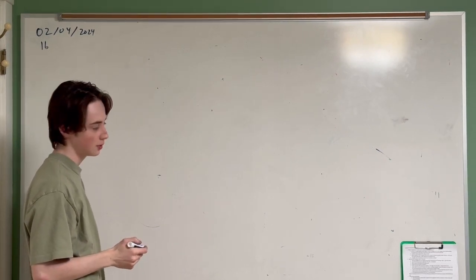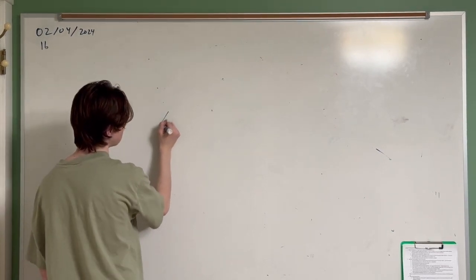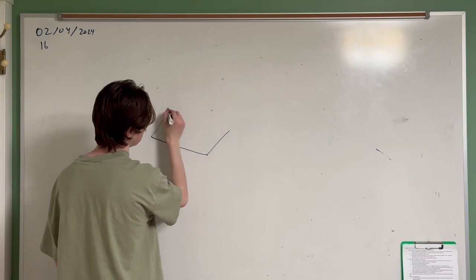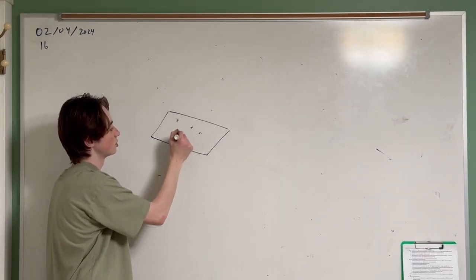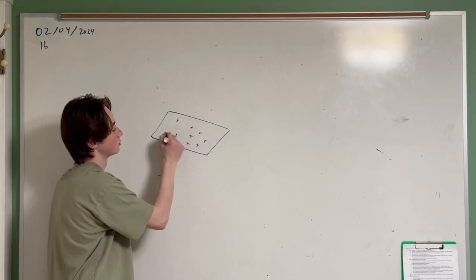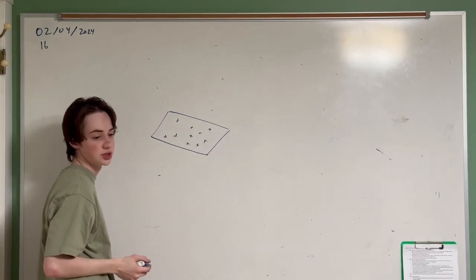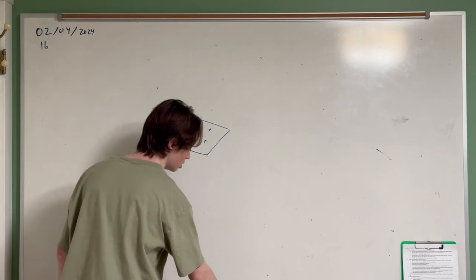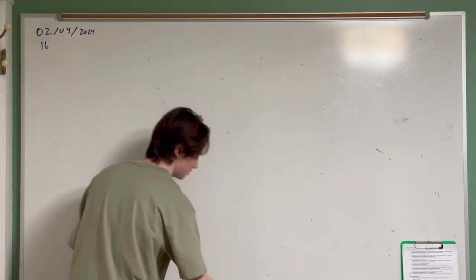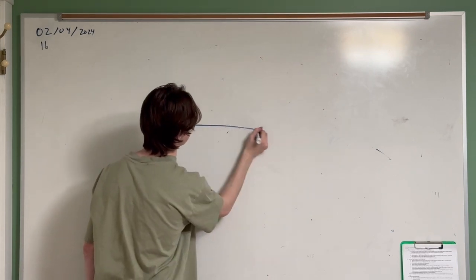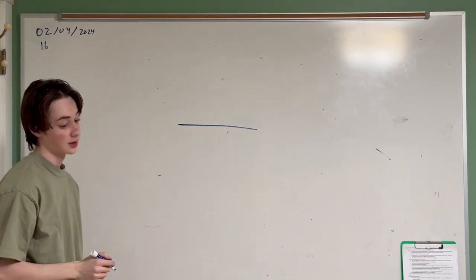So let's say we have a plate. And this plate contains a bunch of positive charges. This is in 2 dimensions, but let's just draw it in 1 dimension. This is a cross section of a plate.